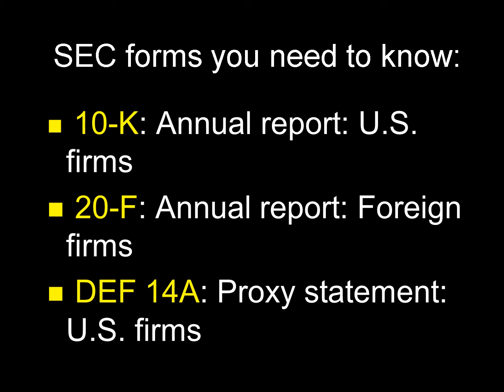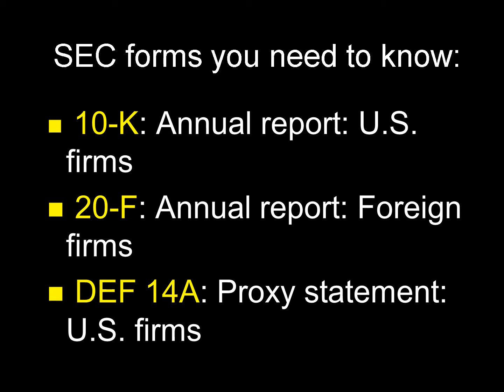Really, there's 3 of these SEC filings that you need to know. The 10K, that's the annual report submitted by firms located here in the United States. The 20F is the annual report that's filed by foreign companies that happen to trade stock here in the United States.